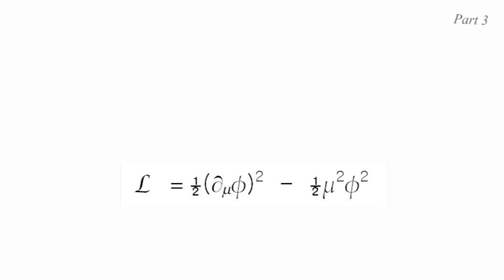Now at this point I ought to apologize that, like many textbooks, I have used mu for two entirely different things in the same equation. The mu in the derivative is an index running from 0 to 3, indicating that there are 4 terms in the derivative: time, x, y, and z.